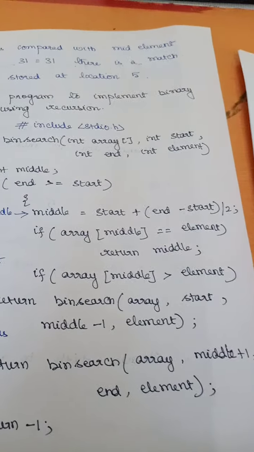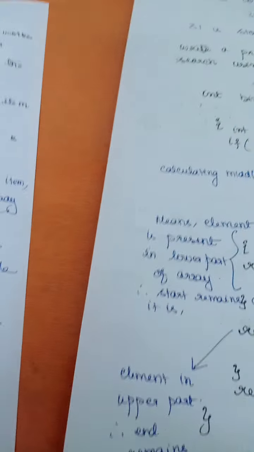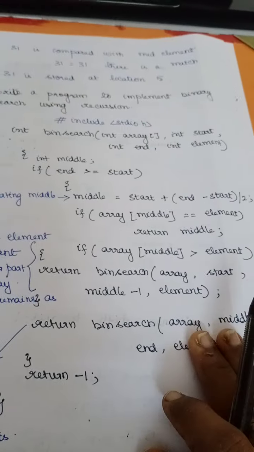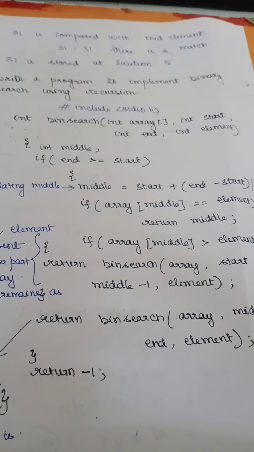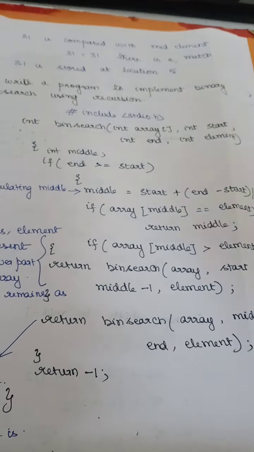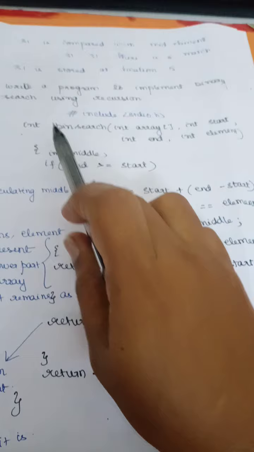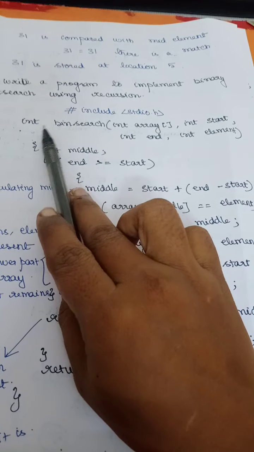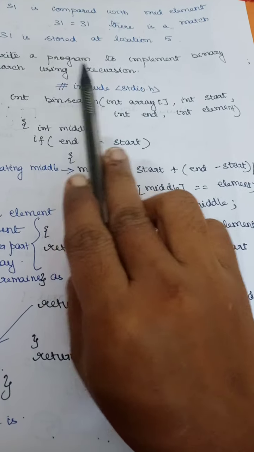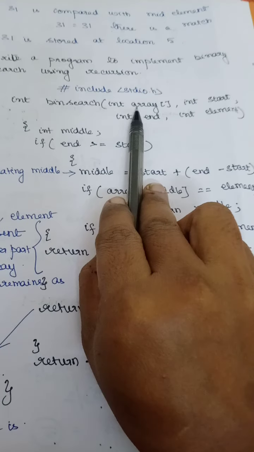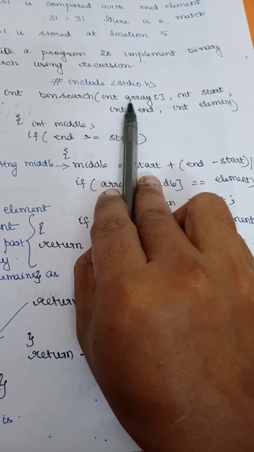Now we'll move on to the program. So in this program, don't get confused after seeing all these things. It is going to return an integer, name of the function, and here I am going to accept my first argument to be an array.